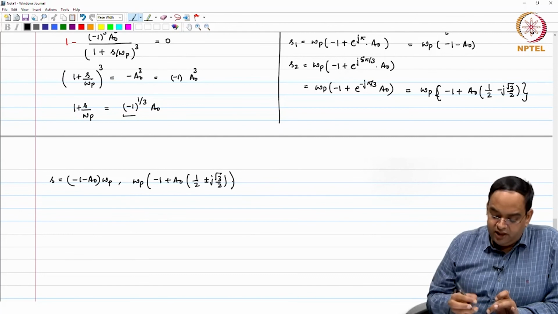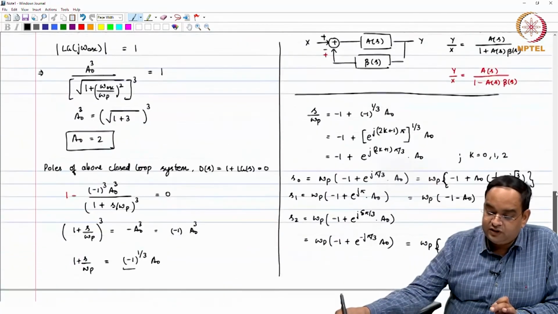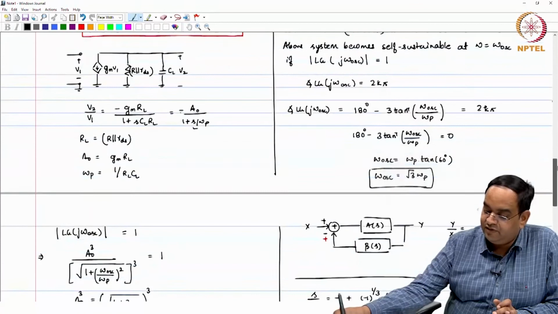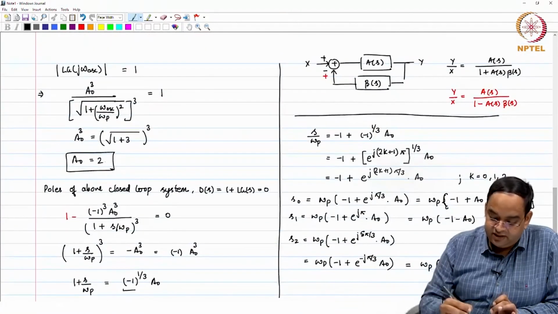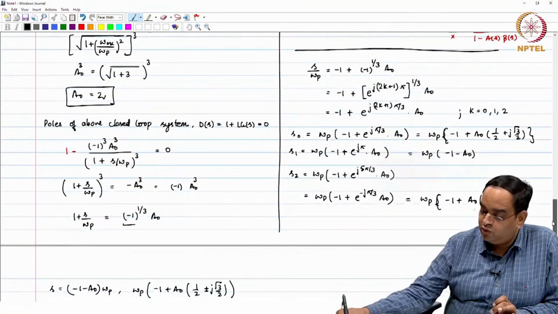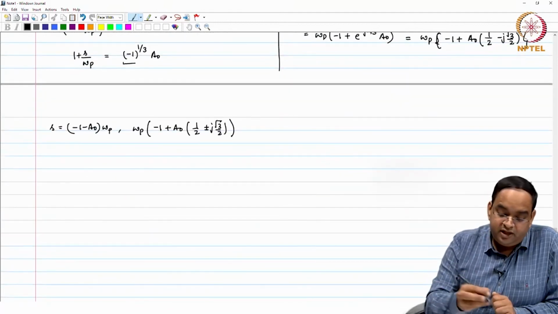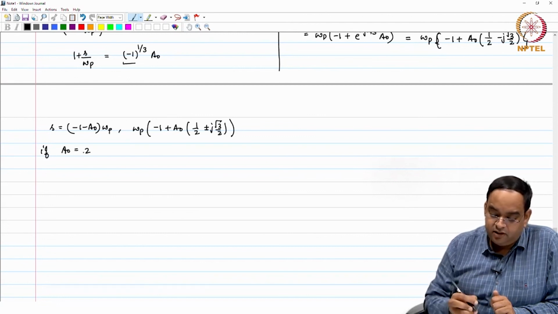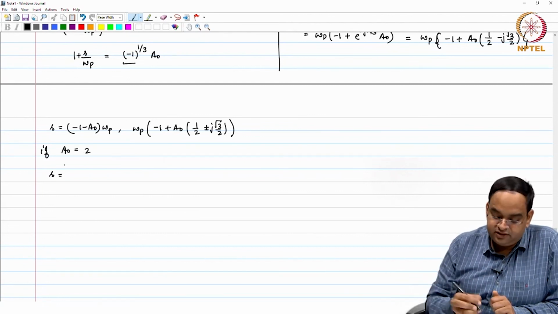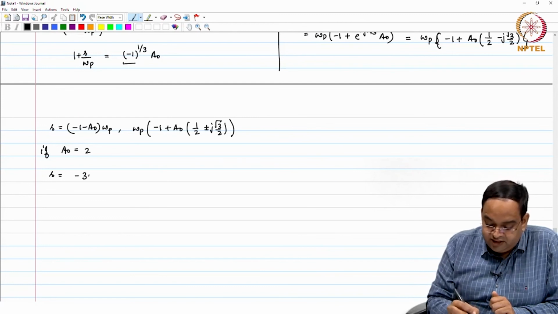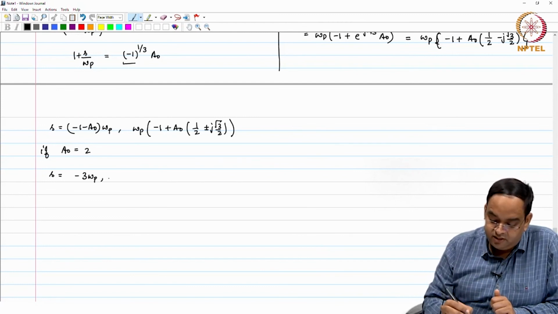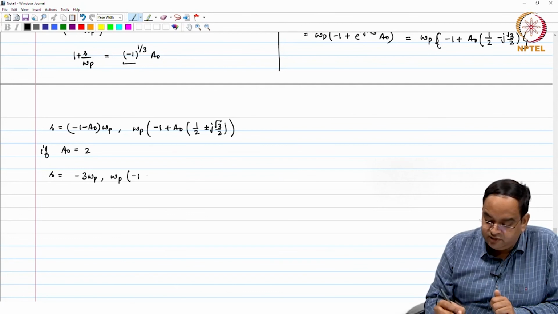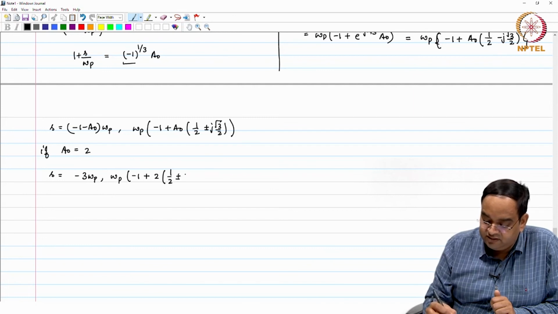Okay. So, for our sustained oscillations in this case, we found a couple of things, that A0 is equal to 2. Okay. If A0 is equal to 2, then the roots of this closed loop system are minus 3 times ωp, okay, and the other ones are ωp times minus 1 plus 2 times half plus minus j√3/2.